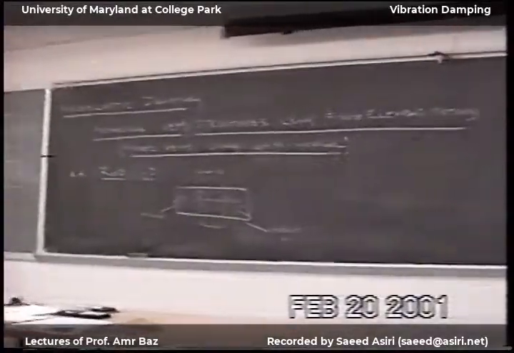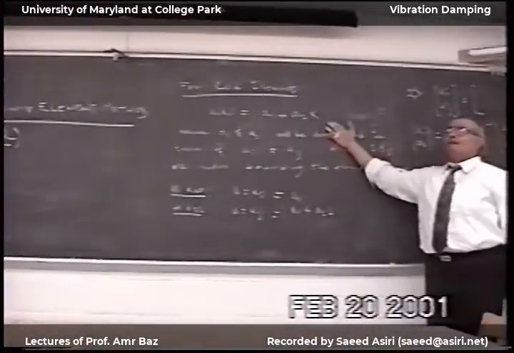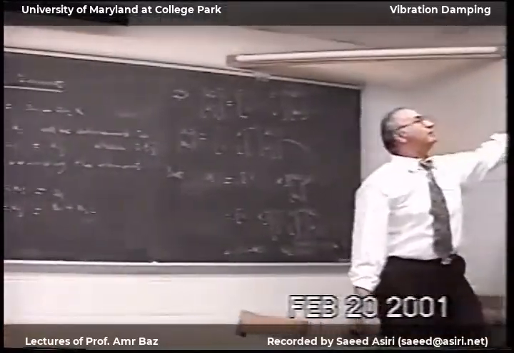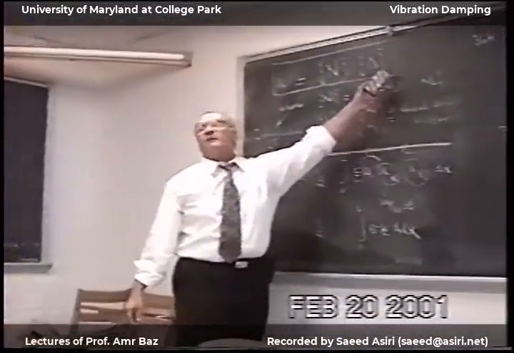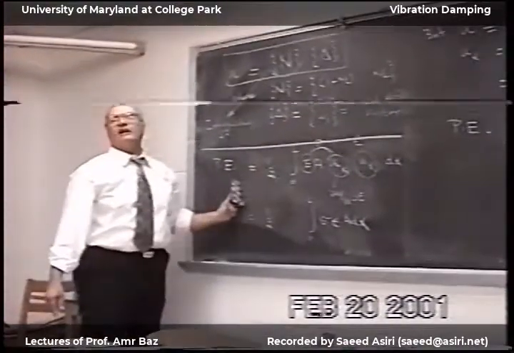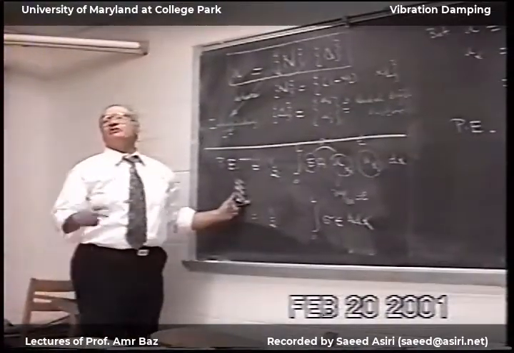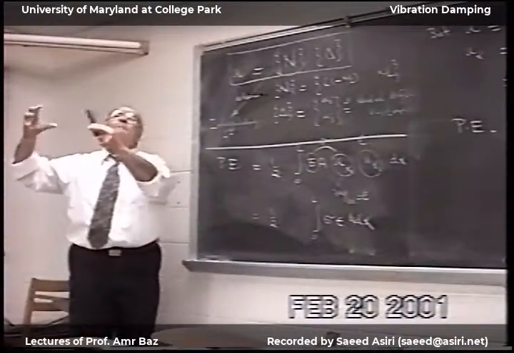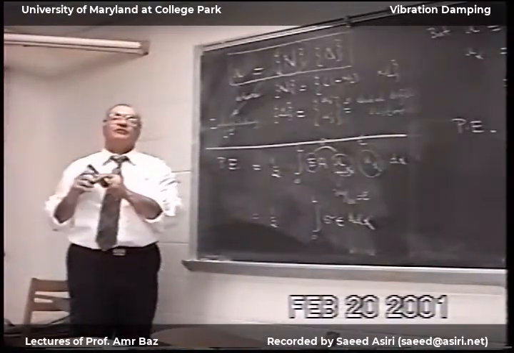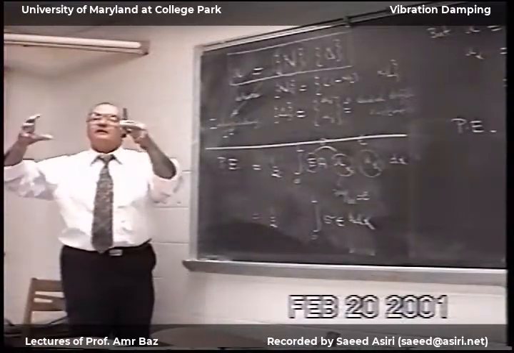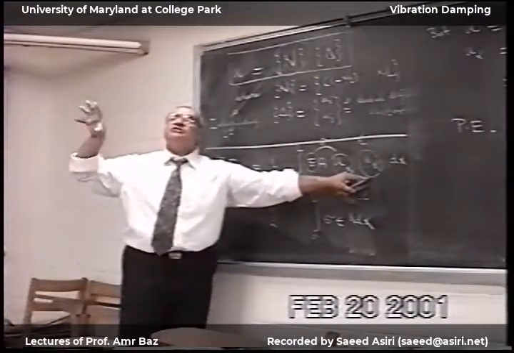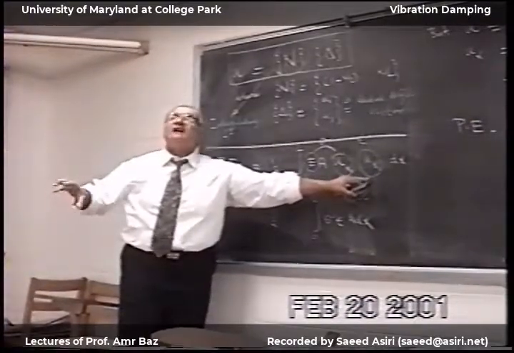I will use the same expression for the shape function. I will have the same final form for the interpolating function. Now what will be different is now here, when I go calculate the potential energy. Potential energy now is the energy that I store in the components of this composite rod. I have the main base or parent structure plus the energy that I store in the viscoelastic material.